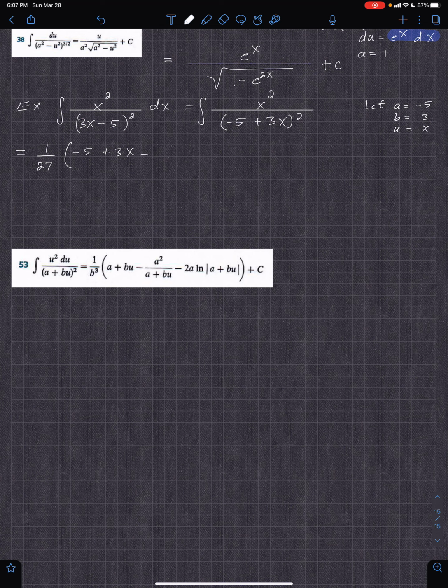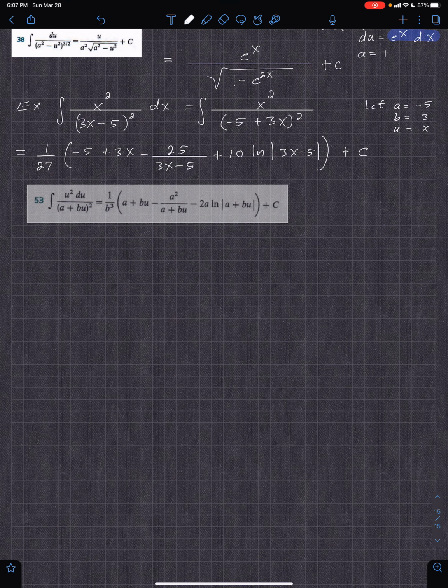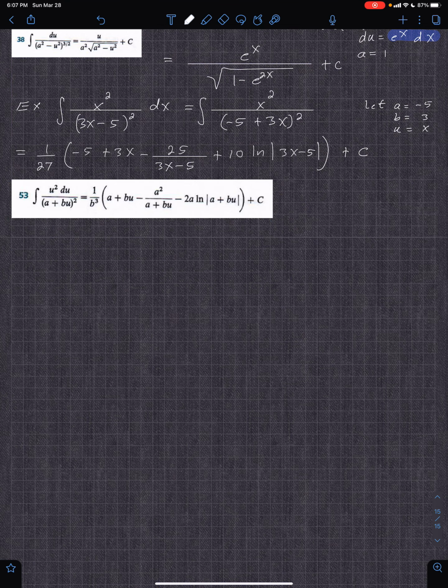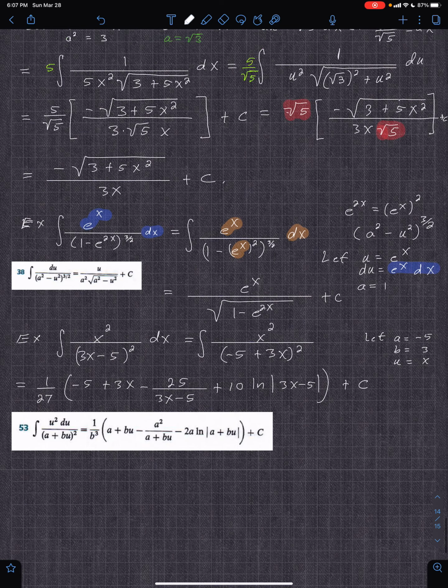Holy cow. 25 over 3x minus 5 plus 10x natural log of absolute value of 3x minus 5 quantity plus c. That's more the type you want to use and not have to manipulate like we did above.